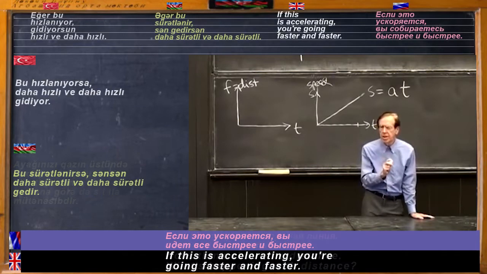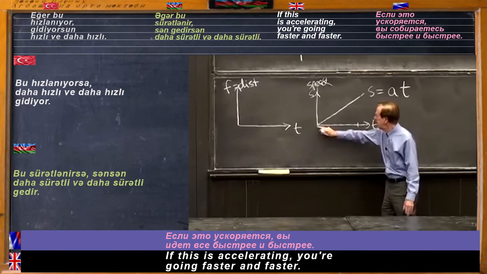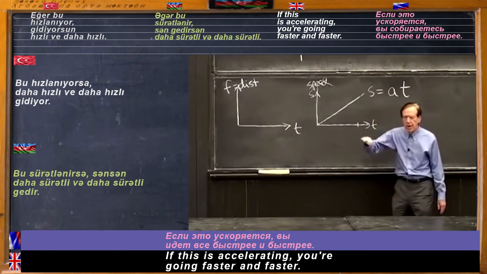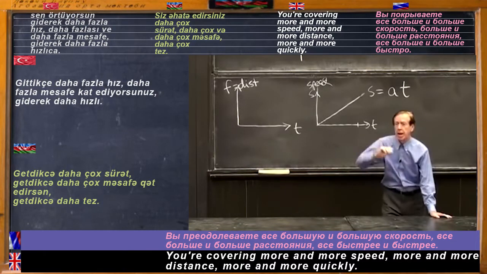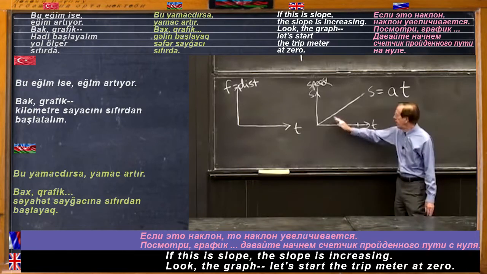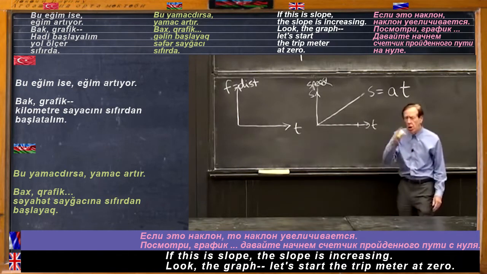What's happening with distance? If this is accelerating, you're going faster and faster, you're covering more and more distance, more and more quickly. If this is slope, the slope is increasing.